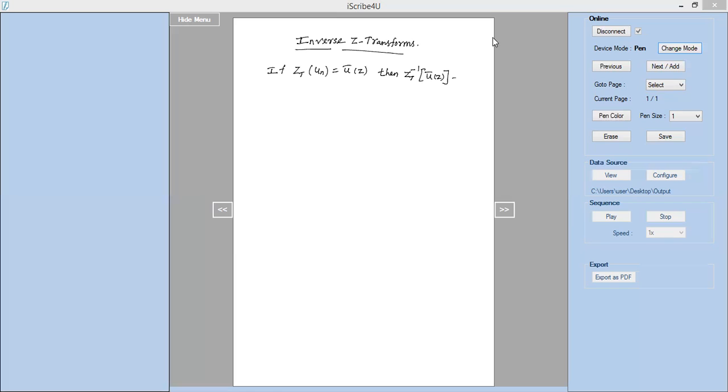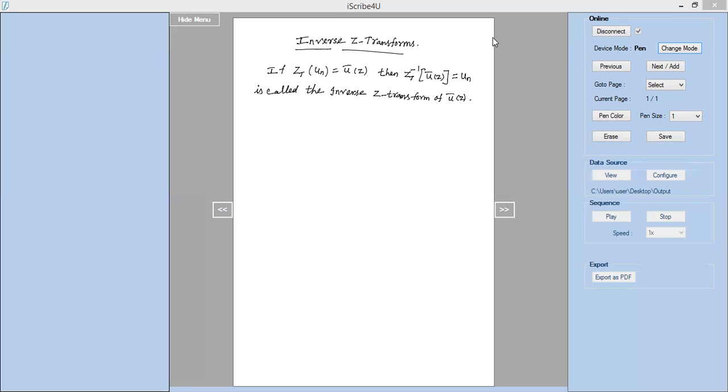Z inverse of u bar of z equal to u_n is called the inverse Z transform of u bar of z. I'll write some formulas.